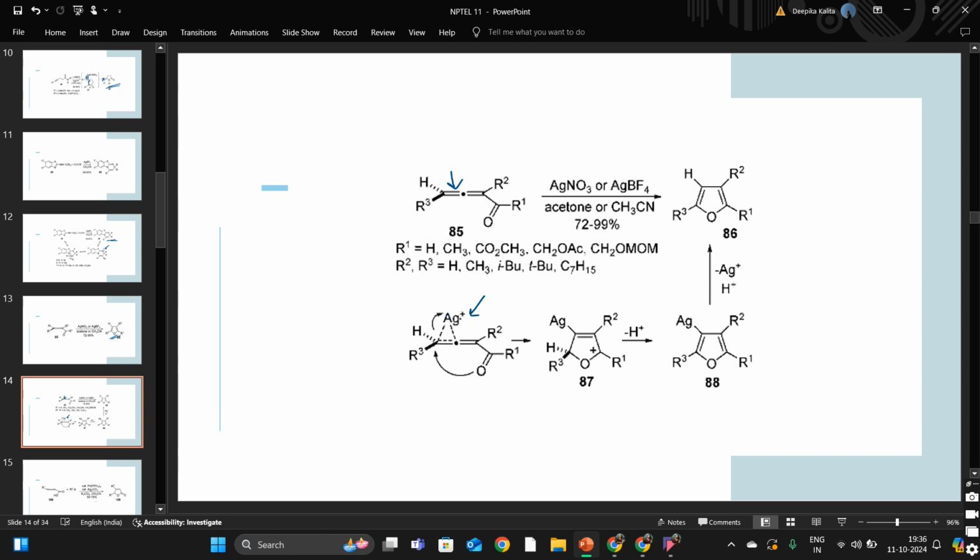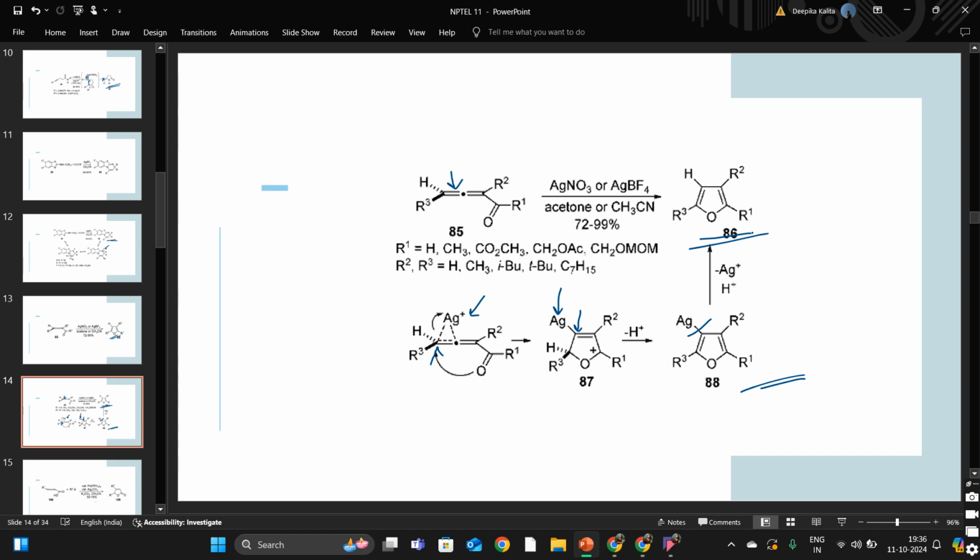Okay, so after this activation of the double bond, the carbonyl group which is present in the allene substrate is going to undergo attack at this carbon atom, resulting in the bond formation between this internal carbon atom and the silver ion from the catalyst. And after this, deprotonation will take place to form this aromatized stable product. And during the workup, this carbon silver bond is broken and is replaced by a proton to give this furan as the final product.